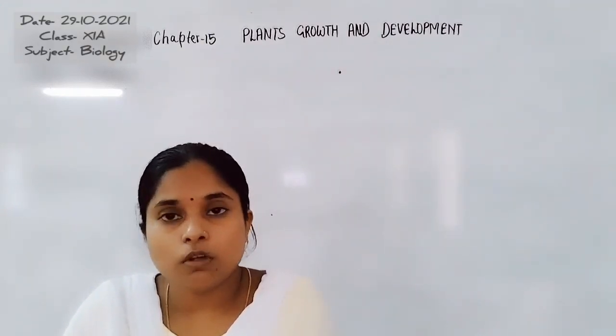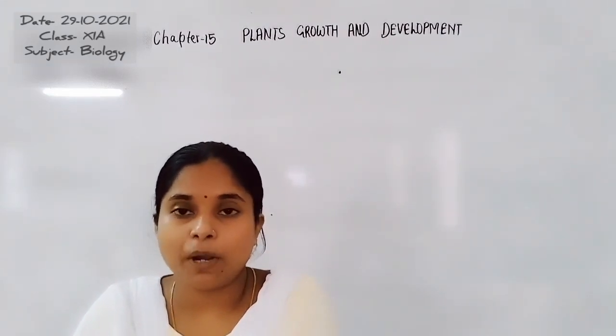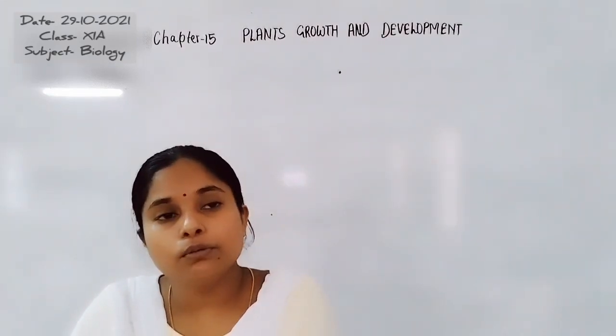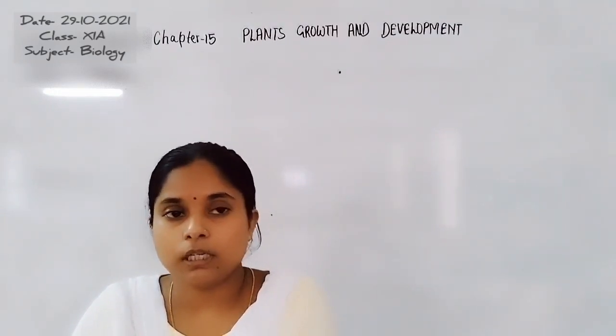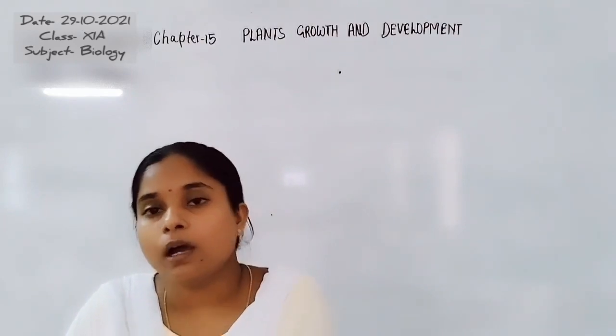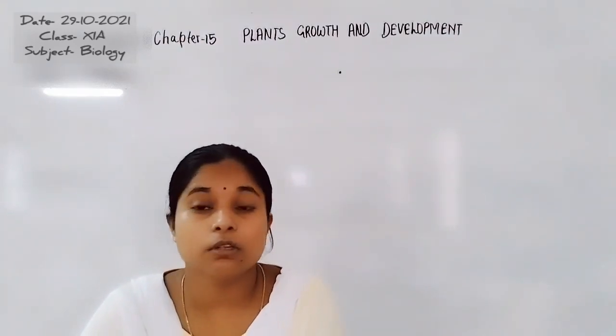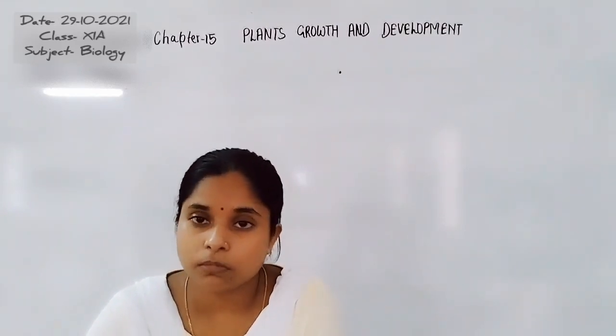Auxin also plays an important role in the formation of parthenocarpic fruit. There are 2 types of auxins, synthetic and natural. Natural ones are of only 2 types, IAA and IBA, indole 3-acetic acid and indole butyric acid, obtained from the plant.